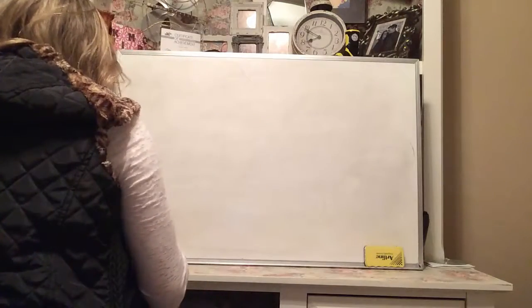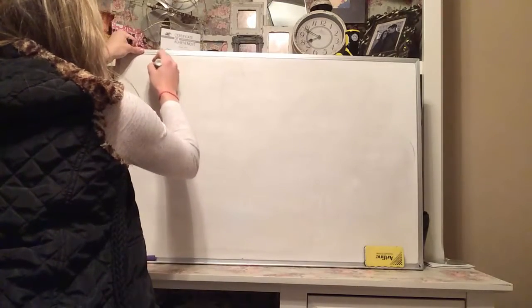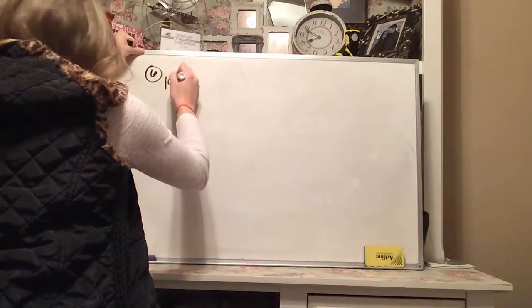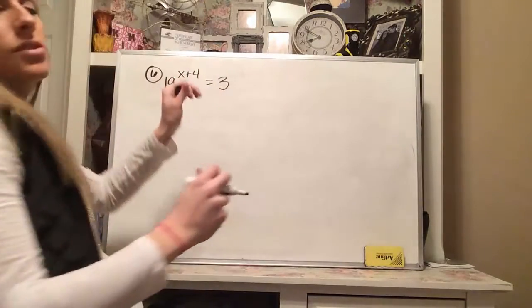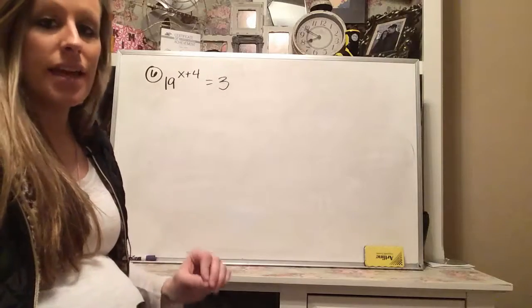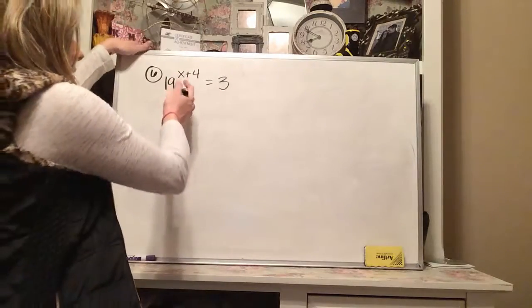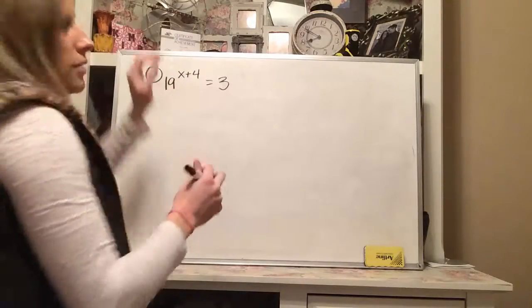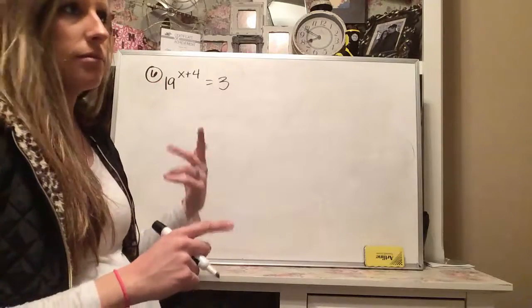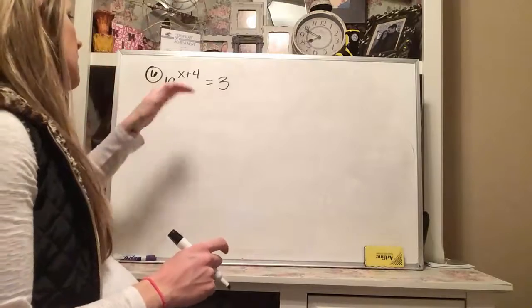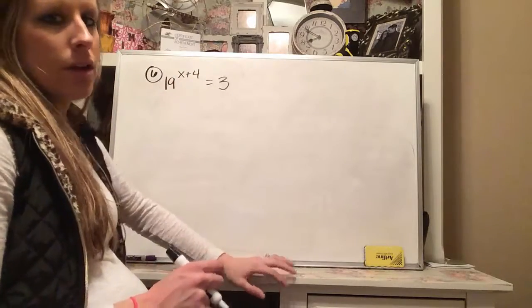Alright, so number 6, we have 19 to the x plus 4 equals 3. So the term that has the x in the exponent, that's by itself, right? We haven't multiplied it by anything, we haven't added, subtracted, divided. It's just 19 to the x plus 4.